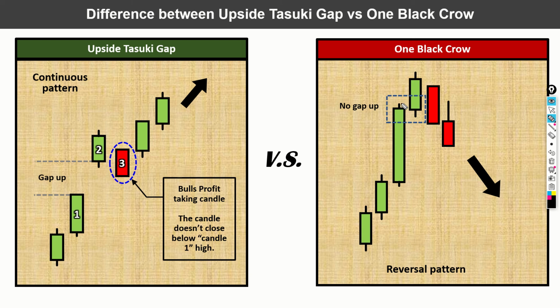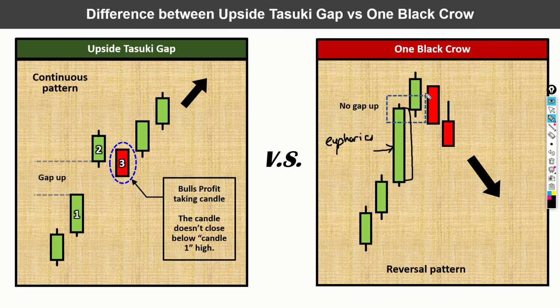But if it's one black crow, I would prefer to see a huge bullish candle right here, what we call a flush-up candle, which is usually used to induce euphoria. Euphoria means people start jumping in when they see a huge candle and they want to change the momentum. One black crow is actually the opposite of the piercing pattern.